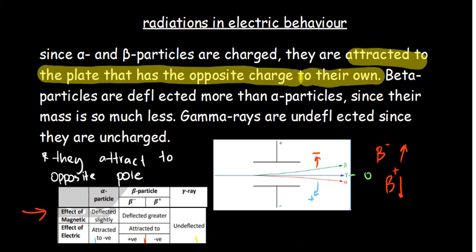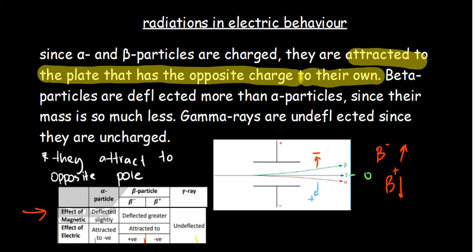So now let's take a look at the properties of radiation. One of the properties is the electric behavior. If you haven't seen my other parts, you should know that the alpha particle has a positive 2 charge. In its symbol, they have a nucleon number of 4 and a charge of positive 2.